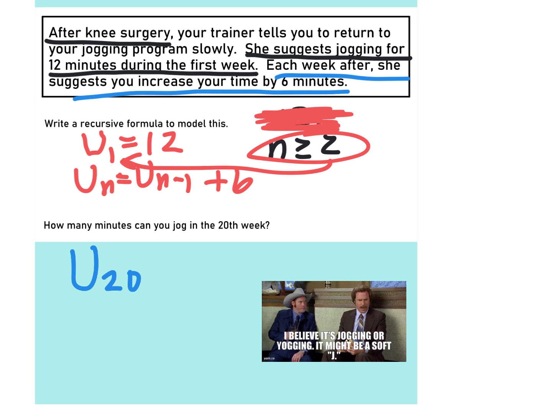You could look it up on the sheet. Parker, would you please look it up on the sheet? You probably still have it split screen. U sub n is equal to, I think it starts with U1. This one we're adding each time, so it's arithmetic, so look for the arithmetic.